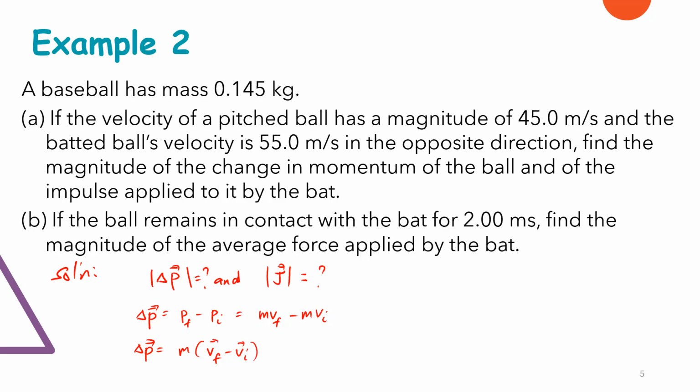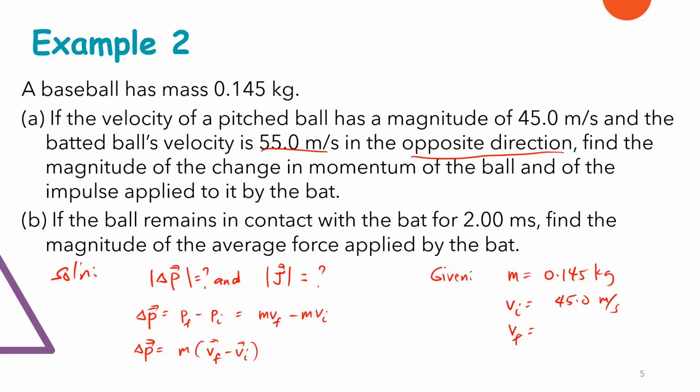We know M, the mass of the baseball, which is 0.145 kilograms. We also know Vi, the initial velocity of the baseball, which is equal to 45 meters per second. How about the final velocity? After it hits the bat, the velocity becomes 55 meters per second. But take note, the direction is opposite.